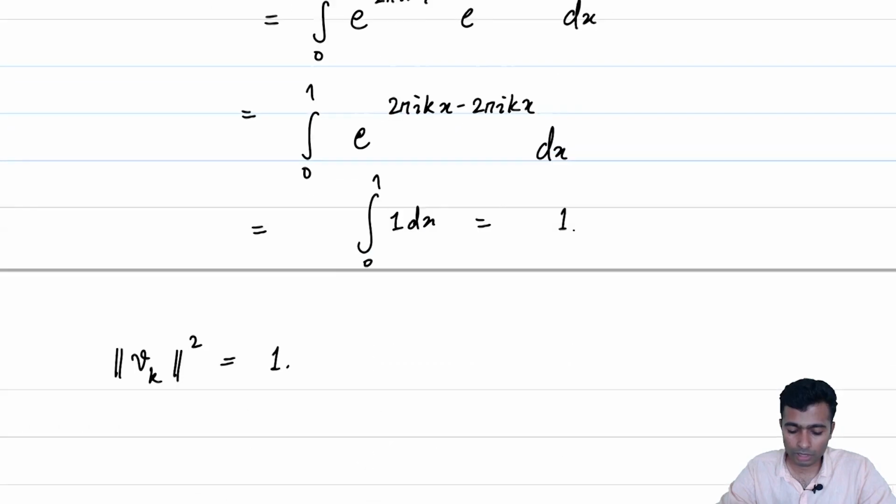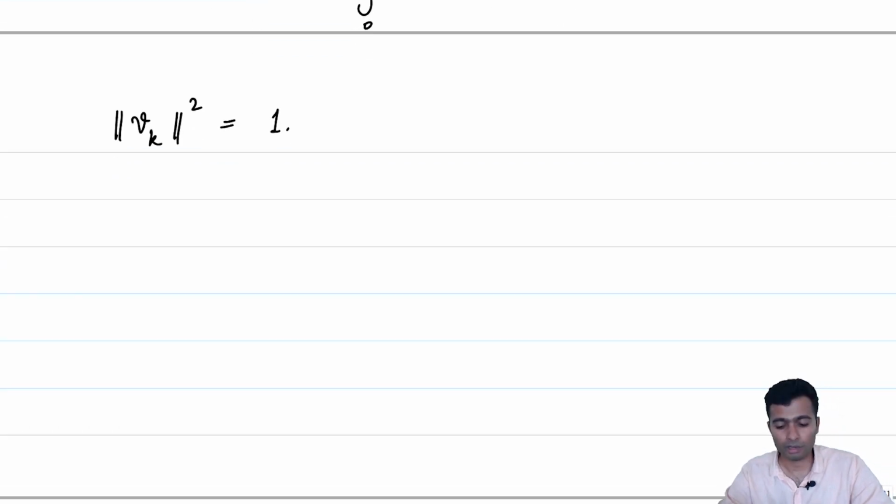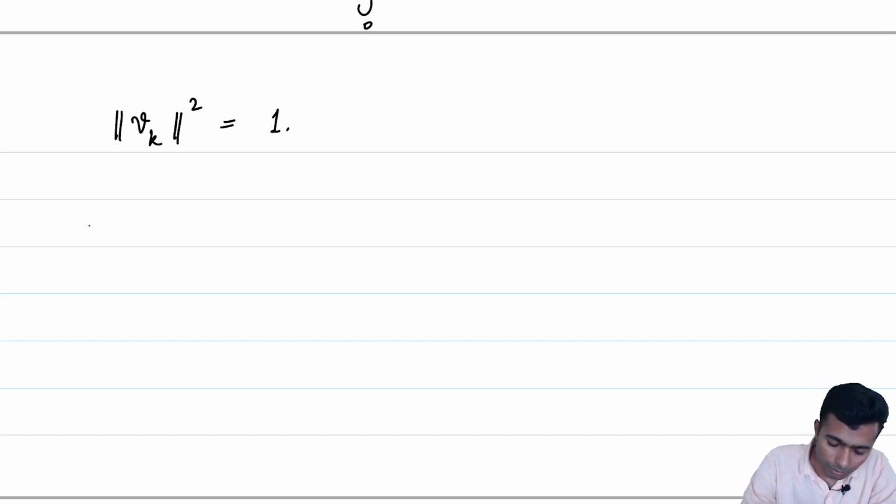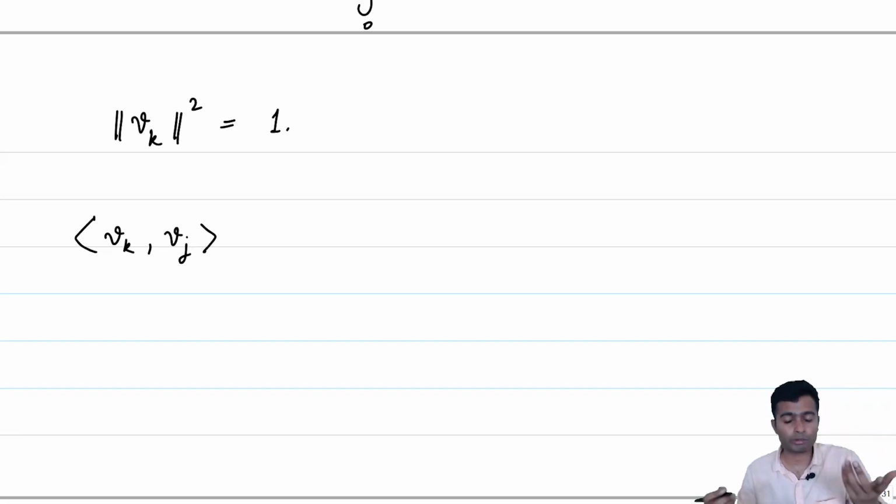Okay, how about the inner product of vk with vj? So let's look at what is the inner product of vk with vj for j not equal to k.